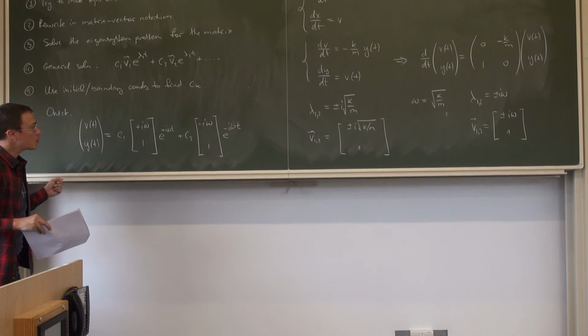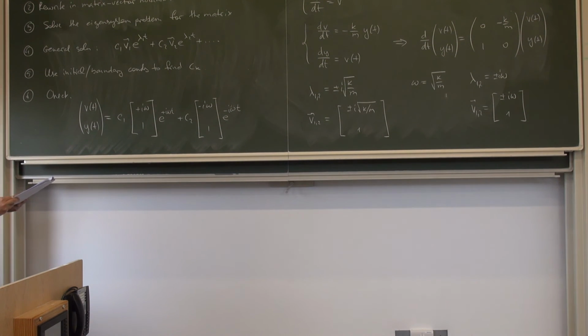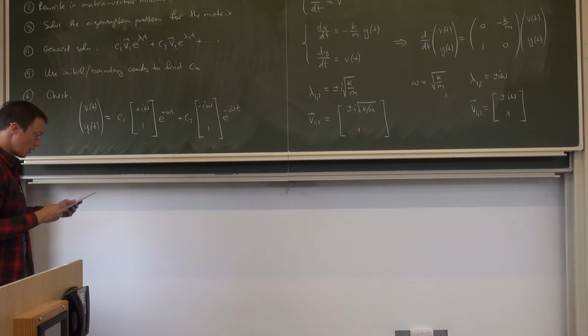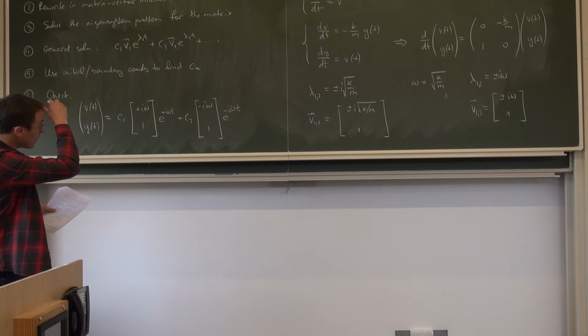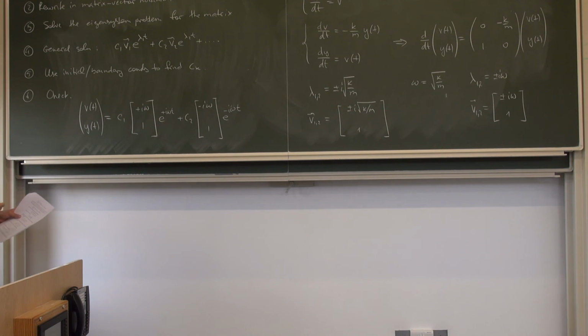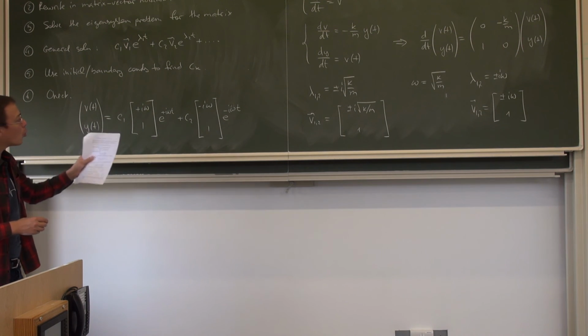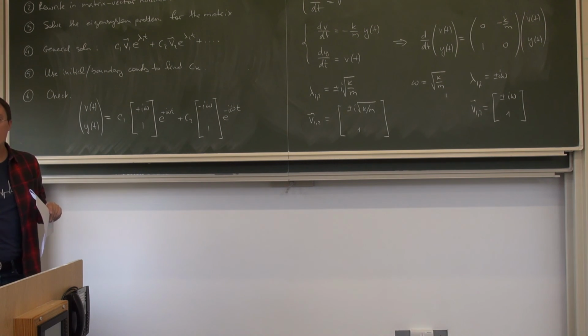Now notice what is going to happen once we substitute in the initial conditions. So we can, for example, say that at time 0 we had no velocity, in which case these two coefficients will become equal. In which case what's going to happen is exactly what you saw in Euler's formulas.